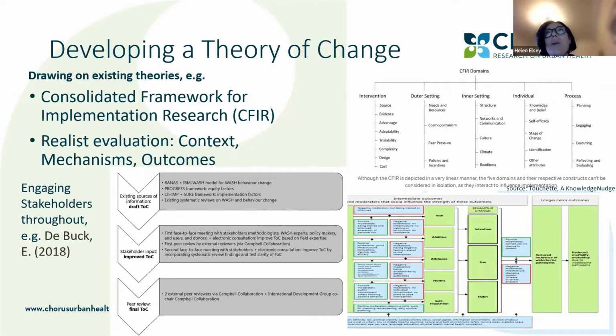There are a number of different frameworks out there to help think through the different aspects of a health system that could be included in the change process. There's the Consolidated Framework for Implementation Research, which has different domains that help us think through not only the intervention and its characteristics, but how it fits within the wider context.